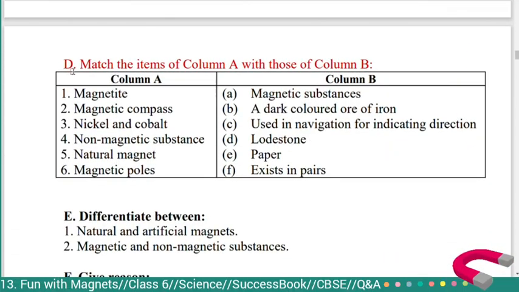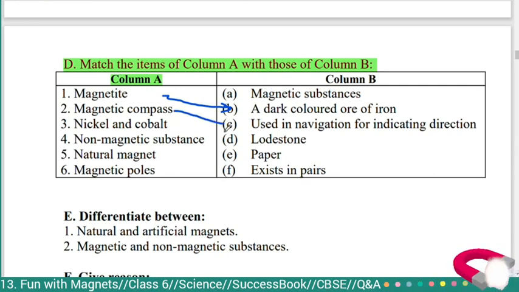Fourth main, D, match the items of column A with those of column B. Here in column A, it is given as magnetite, magnetic compass, nickel and cobalt, non-magnetic substance, natural magnet, magnetic poles. So here you have to match with column B. Magnetite is a dark colored ore of iron.